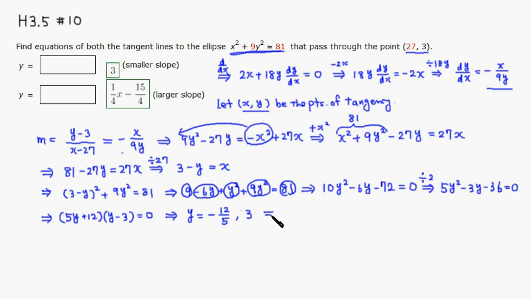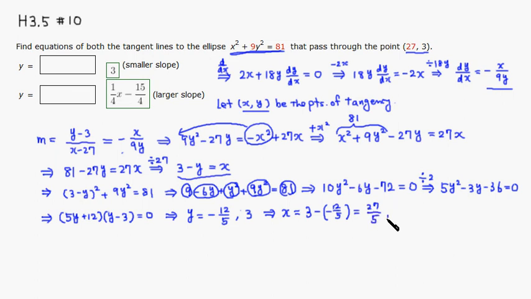Then we can find the corresponding x values. So that's going to give you x is equal to, right? If y is negative 12 over 5, so the formula was right here. So we can find the x value by 3 minus negative 12 over 5, which is going to be 3 is 15 over 5, so 15 plus 12, so 27 over 5, right?